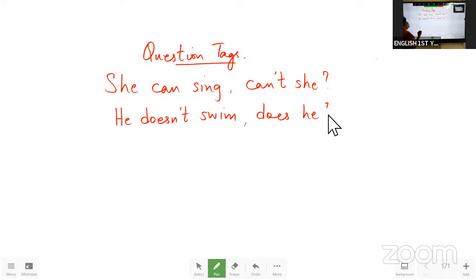But when there is no auxiliary verb, like never, meaning negative, the tag is positive, but there is no auxiliary verb.